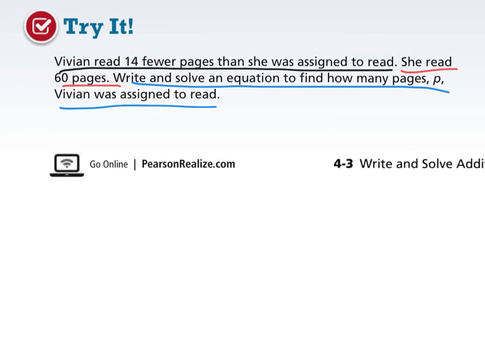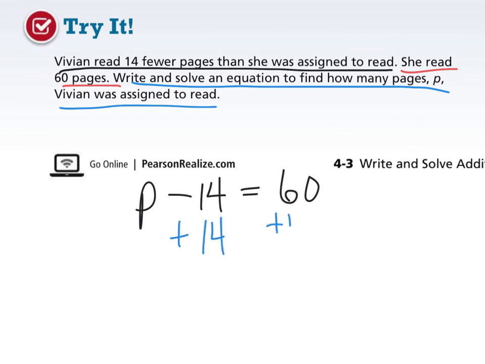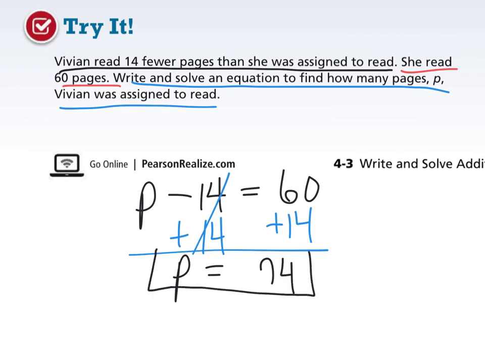One way of looking at it, she was assigned P pages to read, and she read 14 fewer than that. 14 fewer than what she was assigned, and that's equal to 60 pages. And so to solve for P, they're subtracting 14, so we can add 14 on both sides. 60 plus 14 is 74, so that would be 74 pages.